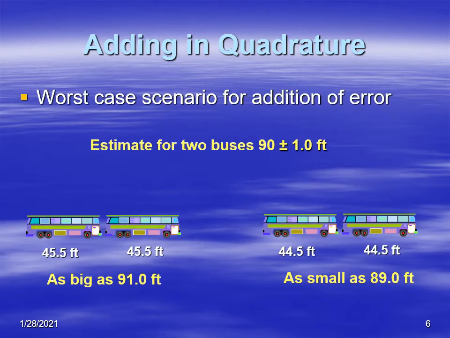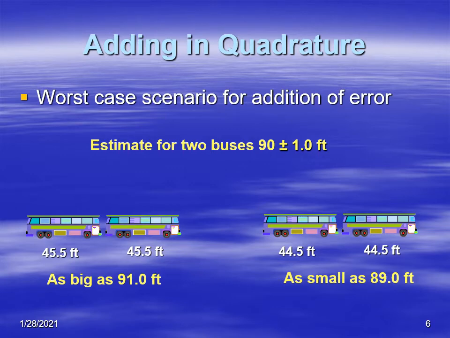If we had two buses back to back, then the length of the buses, based on our measurement, 45 times 2, would be 90 feet. In the propagation of error, we multiply the uncertainty, a half a foot, by 2, and that gives us 1 foot of uncertainty.